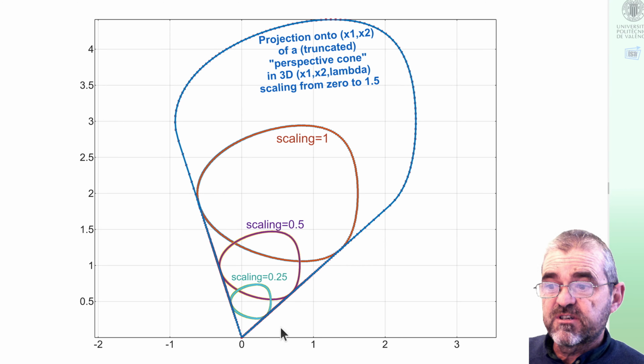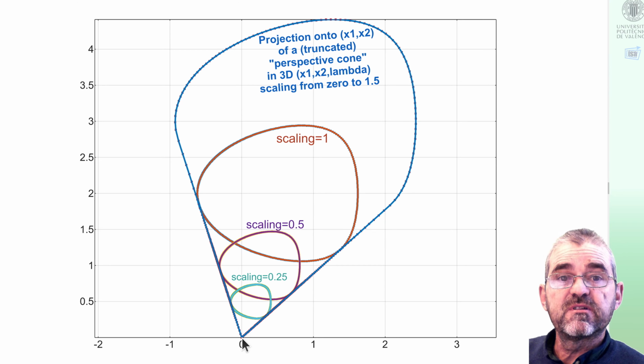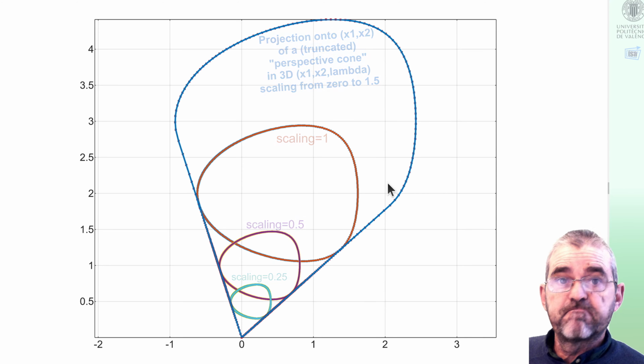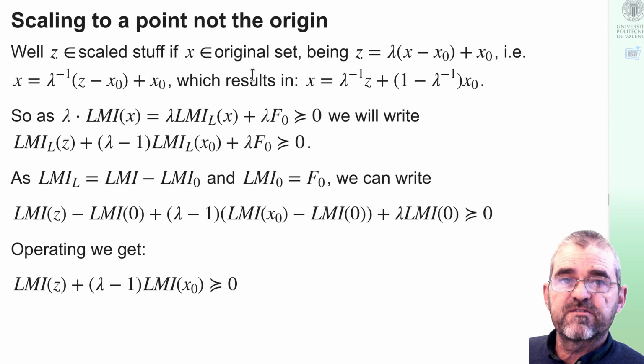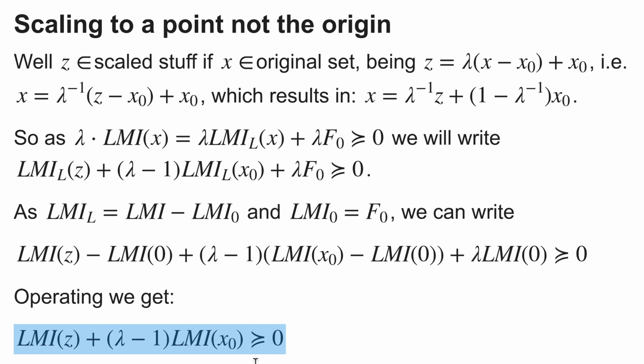What happens if we wish to scale with the apex of this cone or its projection being in a different point instead of at 0? Well, we could just change the origin of coordinates with some straightforward transformations, or if we do them as follows, then we will reach this conclusion that is just, instead of putting here the LMI of 0, we put the LMI of the apex we wish for the position of the camera taking the pictures, let's say.